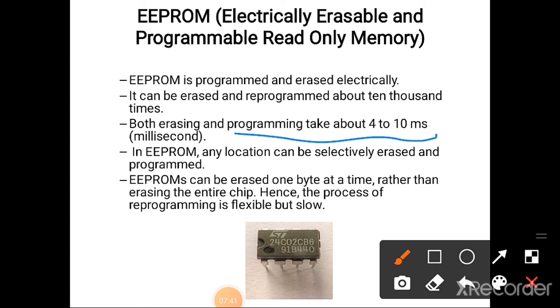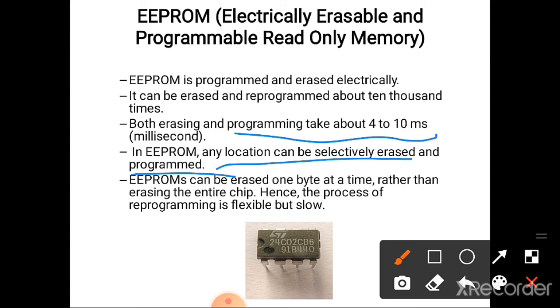So it is programmable and also erasable electrically. In an EEPROM, any location can be selectively erased and programmed. So we can select some portion, and if we want to delete that portion, we can select and erase it.